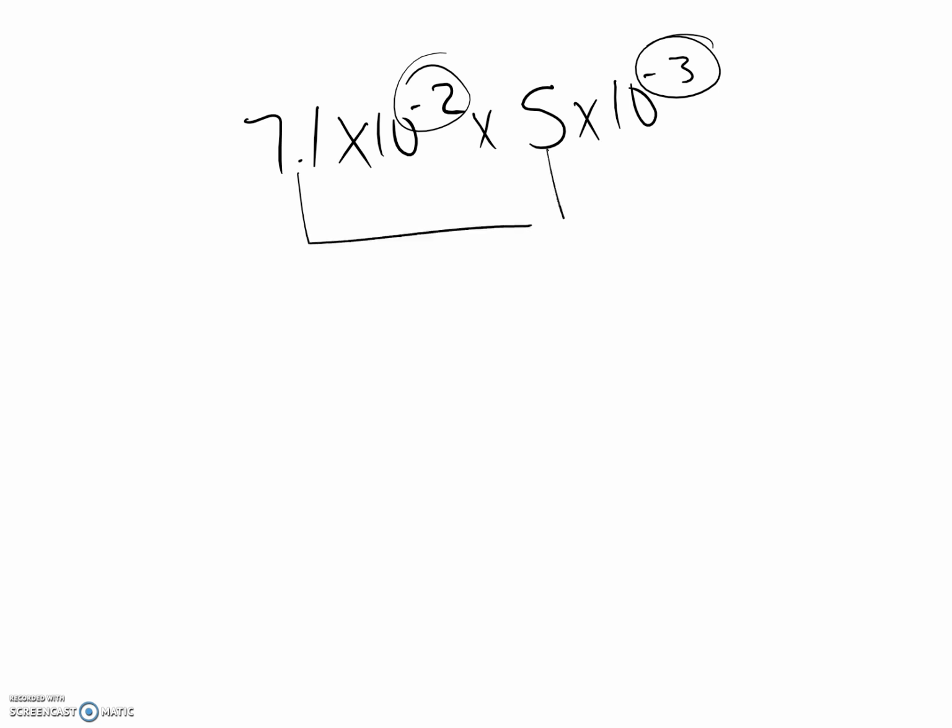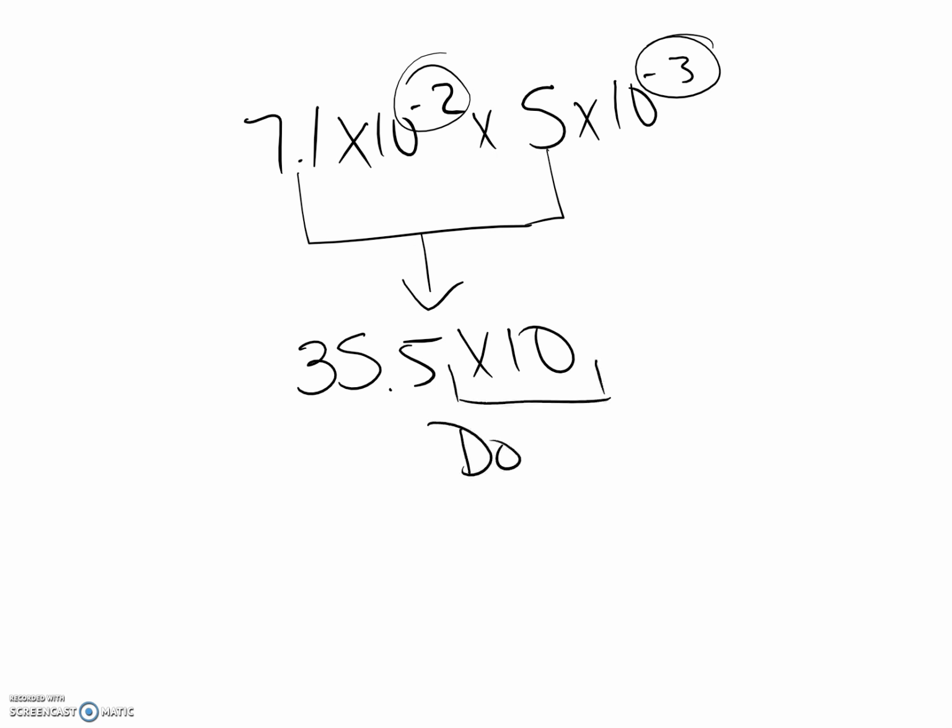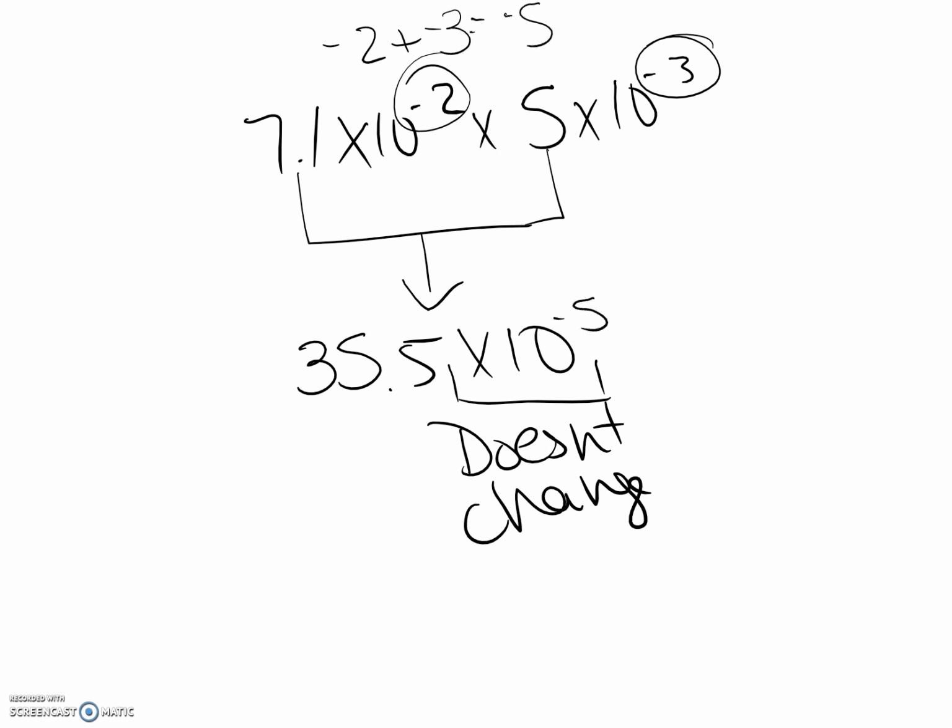So our first step would be to multiply as we do normally to get to 35.5 times 10. Again, this does not change. And now we add our exponents. So negative 2 plus negative 3 is negative 5, giving us our full answer.